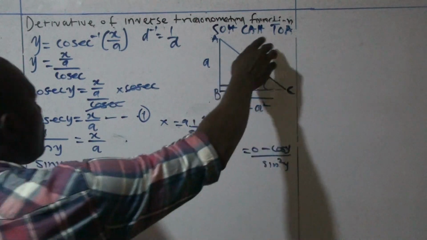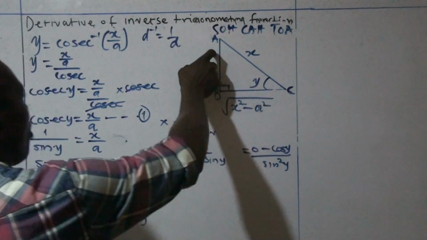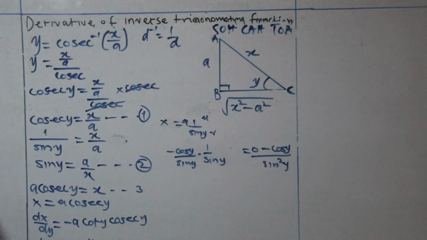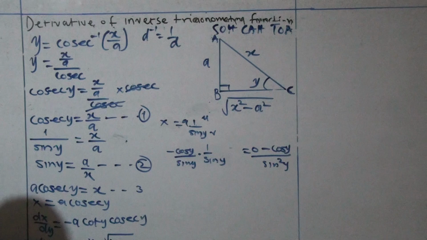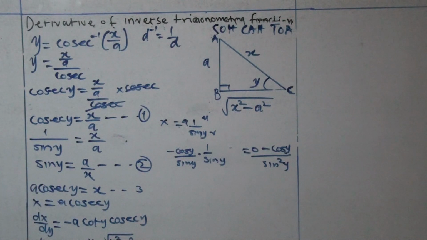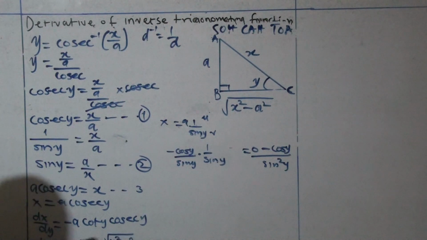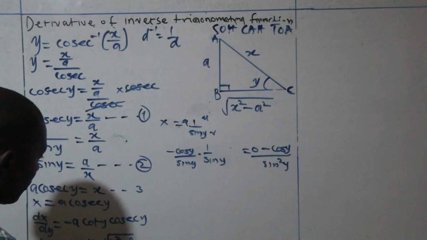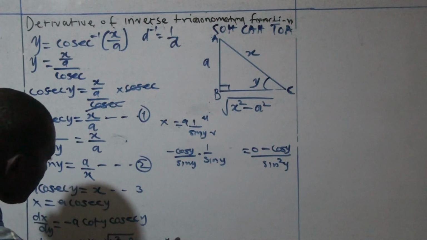This time it's going to be adjacent over opposite, because of the inverse. Our adjacent is the square root of x square minus a square, divided by a, which is adjacent over opposite. So what we have here, this goes with this, and we have a negative sign.